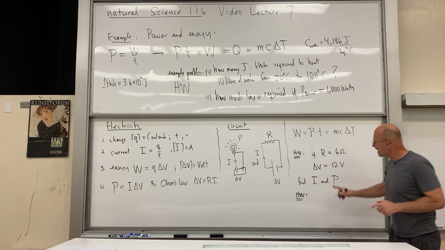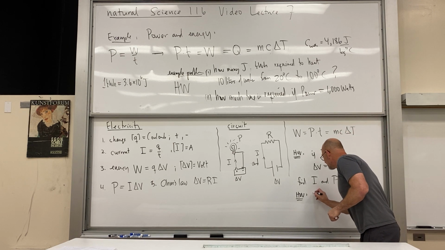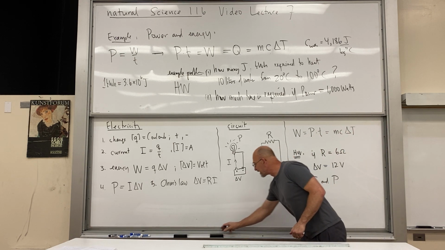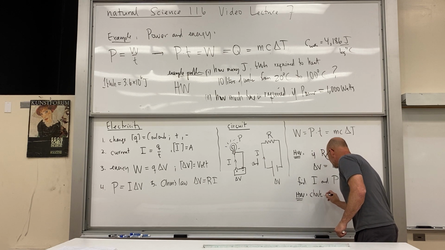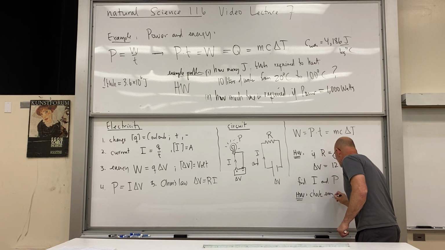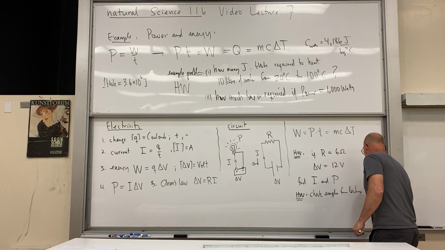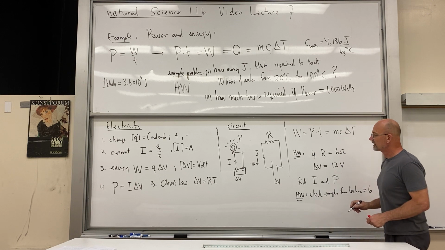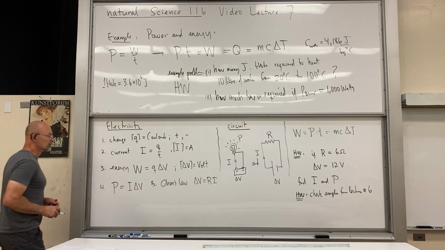And you know, I'll put on this list here, it's just to look at the examples we had. So check examples from lecture number 6 and make sure you understand those as well. From lecture number 6. And there it is, all on one board, our electricity discussion.